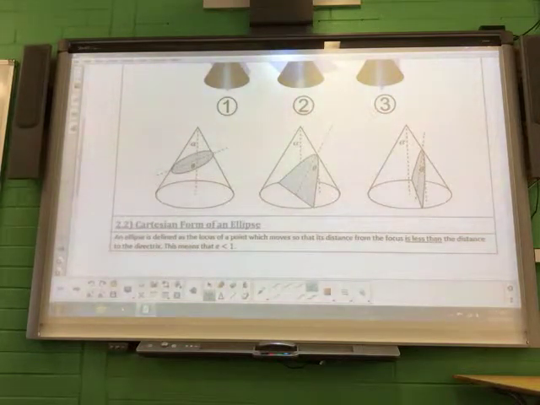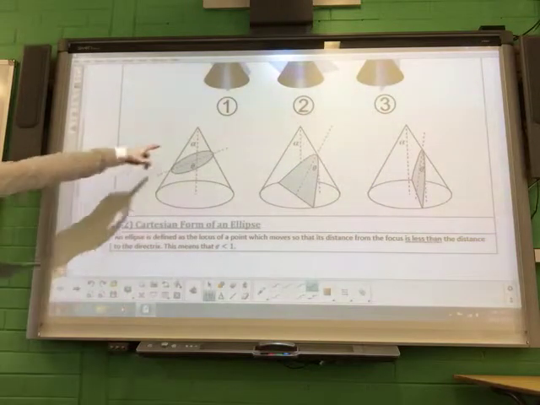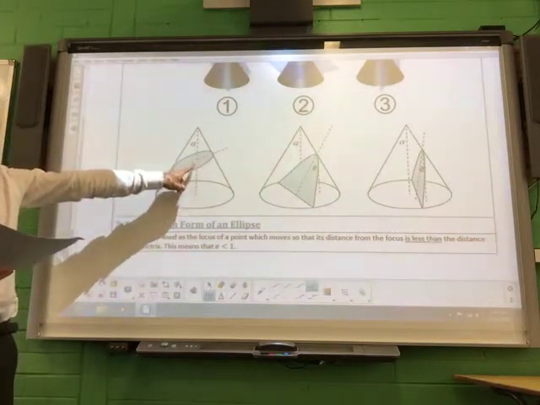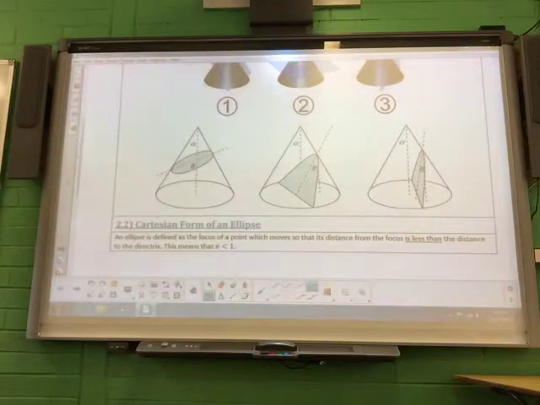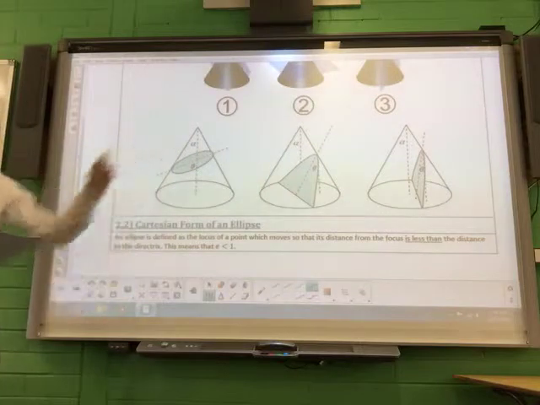So if alpha is less than theta, which is less than 90, we have a closed cross section formed here, and that's our ellipse.